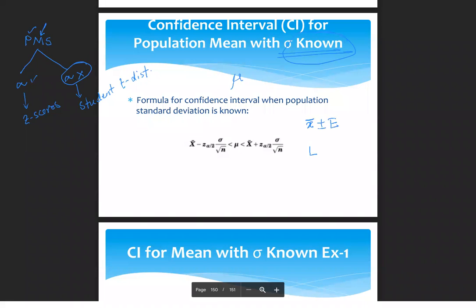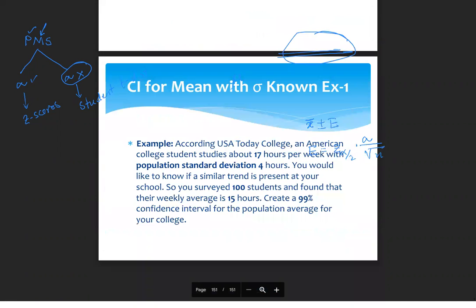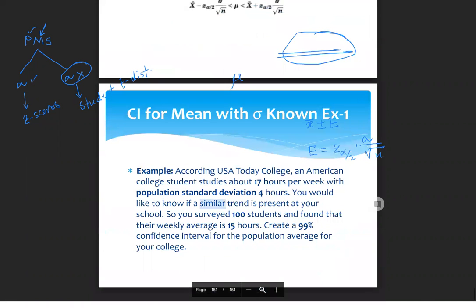And the calculation here is much easier, which is just z sub alpha over 2, which you already know how to find, times sigma divided by the square root of the sample size. That's it. It's that simple. Now, let's go ahead and do this problem here.